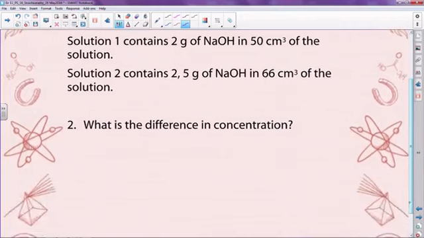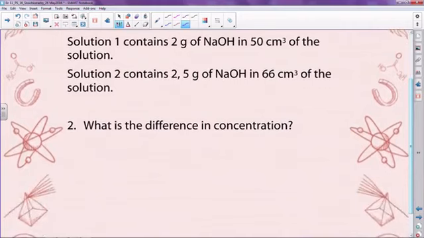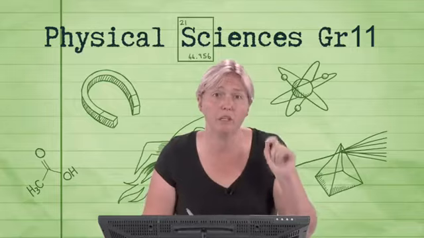Still solution 1. What is the difference in concentration? Okay, so what's the difference in concentration? I'm going to give you a minute. There's no formula for this. This requires thinking. Right, I'm going to give you a minute starting now.